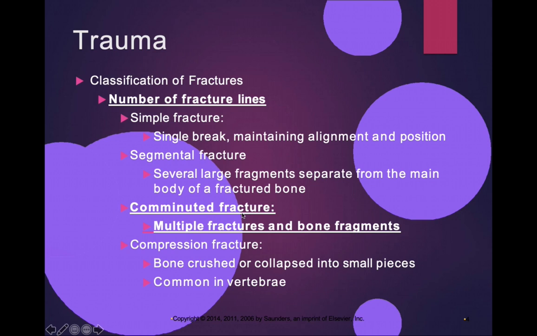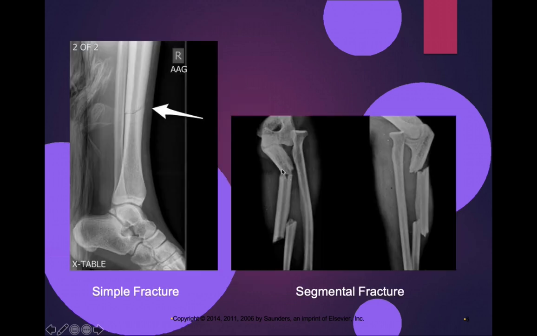A comminuted fracture is when there's multiple fractures in bone fragments. And we'll show you a picture of that as well. It's not segmental where we see three different segments. When it's comminuted, it's broken in just one place, but there's several fragments of bone that shattered in that one place.